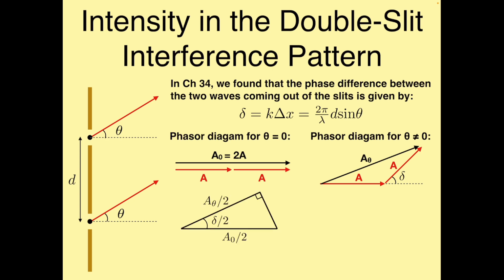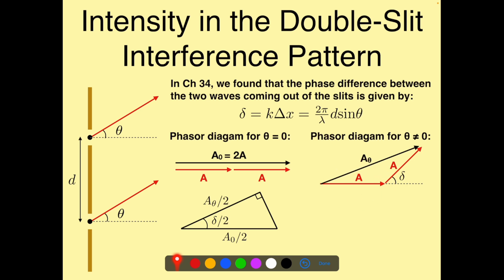And the way we'll do this is by cutting this triangle in half. So we'll drop a line that cuts the triangle exactly in half this way, so that on this side, I'm going to have A theta divided by 2. And on this side, I'm going to have A, just the amplitude of one of those waves.